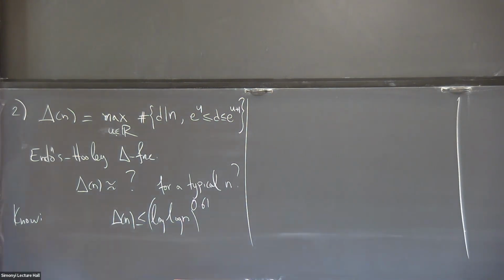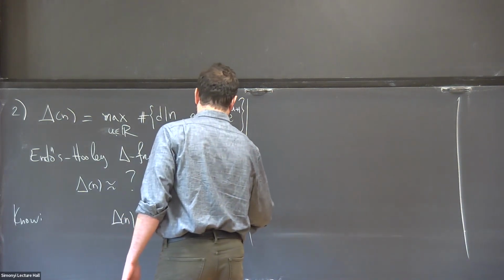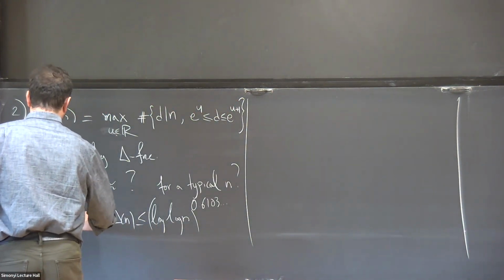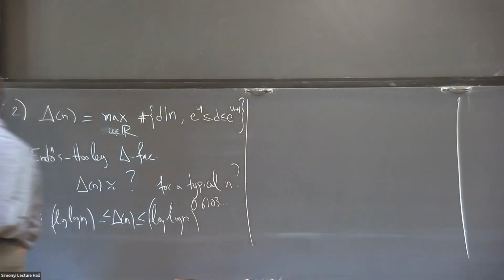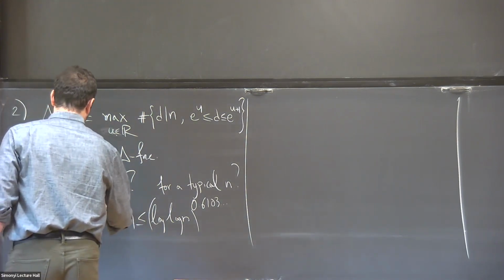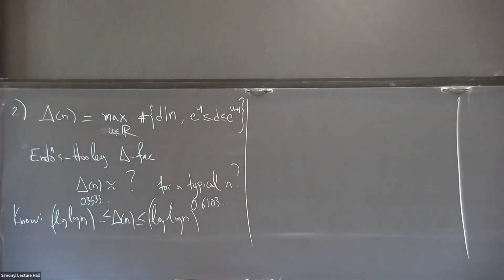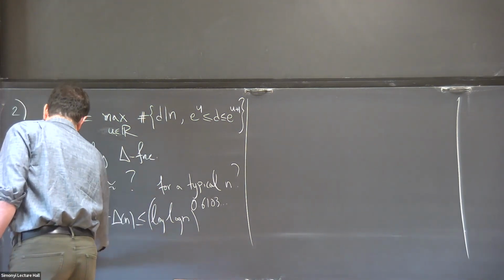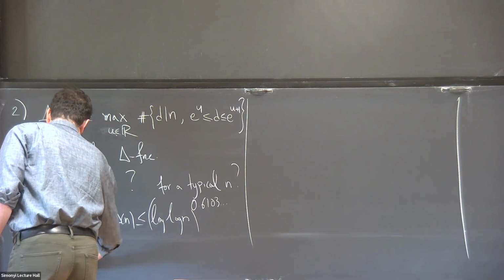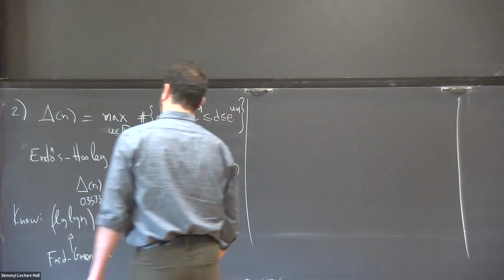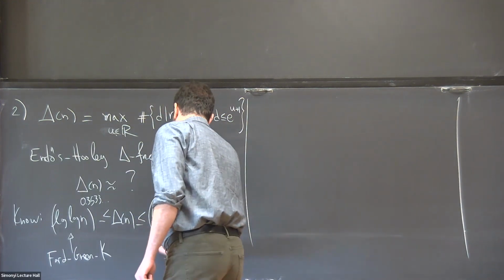And from below by (log log n) to the 0.3533, etc. So this is due to Kevin Ford, Ben Green, and myself. And this is due to Dimitris and Tenenbaum.